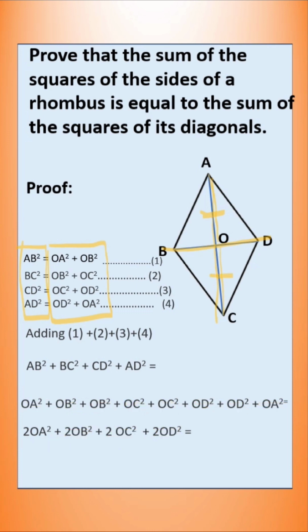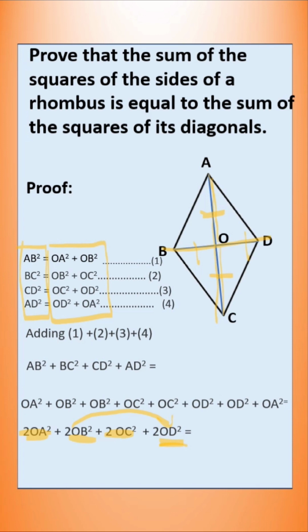So now we can collect 2 OA square plus 2 OC square, that is equal to 4 OA square, and we can collect these two. OB square and OD square are equal. OB and OD are equal, isn't it? So we can add these two.